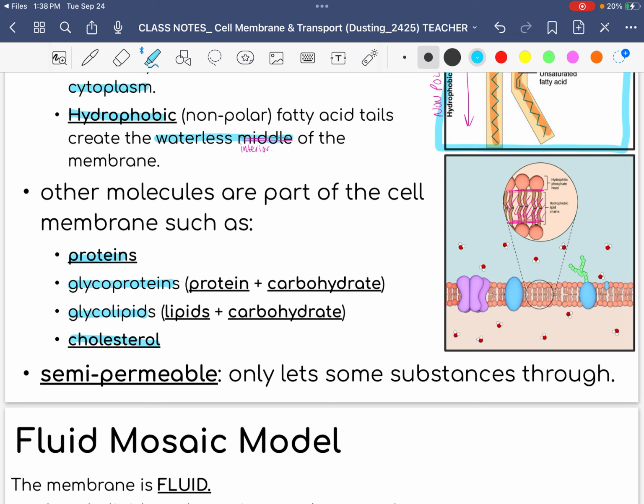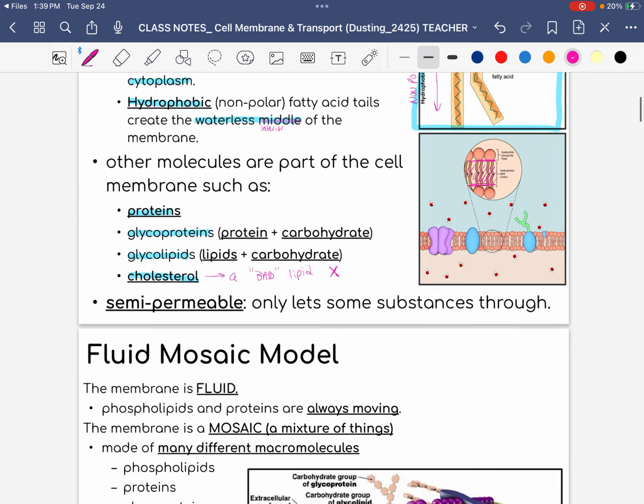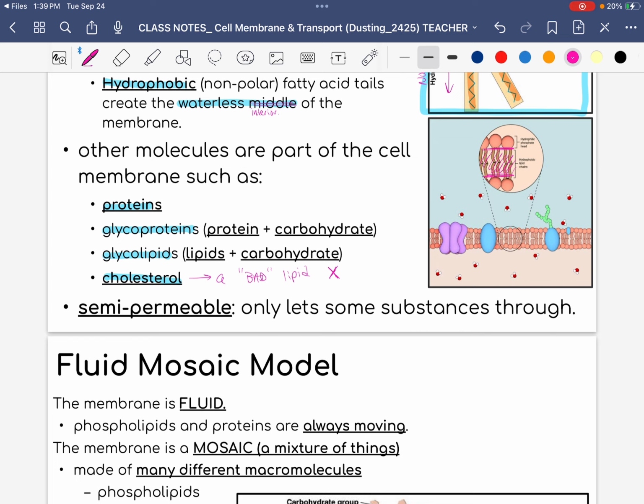And cholesterol is often thought of as being bad, like a bad fat, a bad type of lipid. But that's not actually true, because it's actually important for our cell membranes. Too much, yes, but we definitely need some.